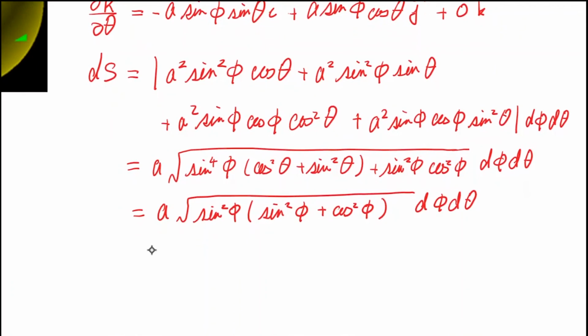And that becomes 1, so take a square root, so we just have a sine phi and then the dphi, dtheta. How about that? I think you're missing a square on the a. Missing a square on a, oh, a squared, right? A should be squared, because I have a common factor a squared, I factor that out. Okay, so this is my dS.